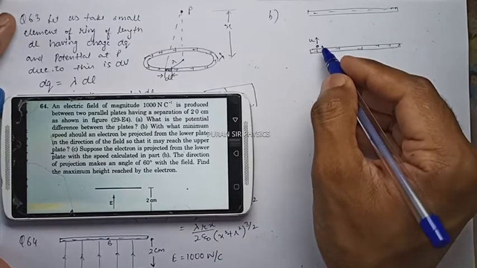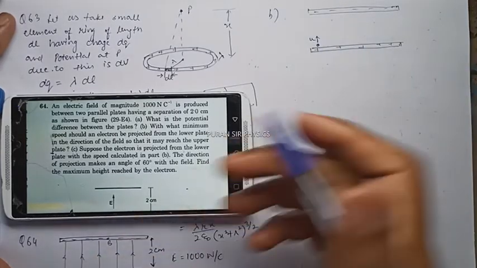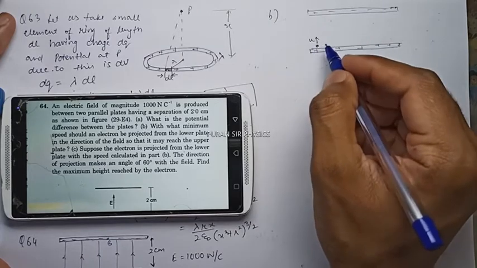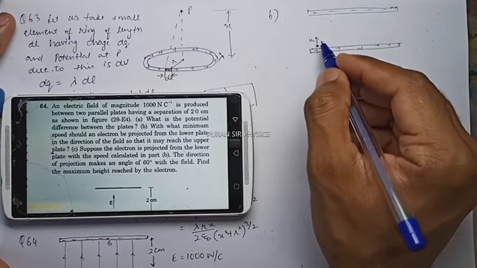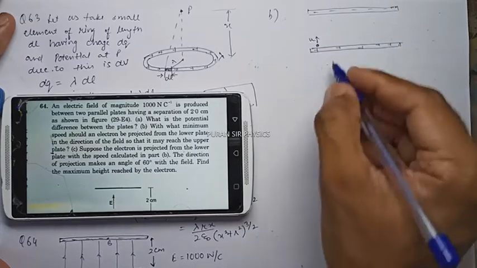Say it is projected with the initial velocity of u. So with what minimum velocity it should be projected so that it just reaches the top plate?